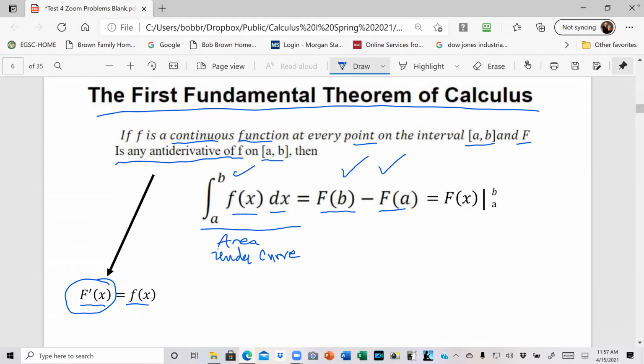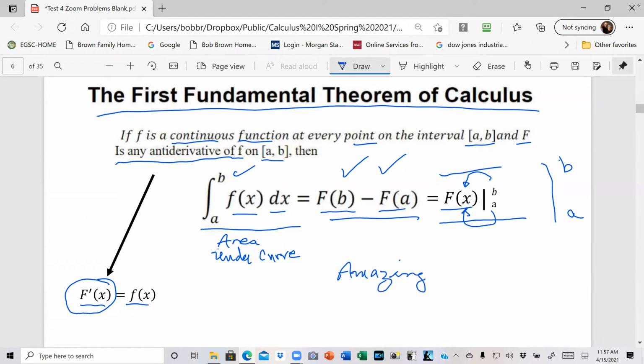And we use this notation, F of x, with a vertical line, then a and b. This just means to plug in b and then plug in a and then subtract them. This is an amazing theorem.